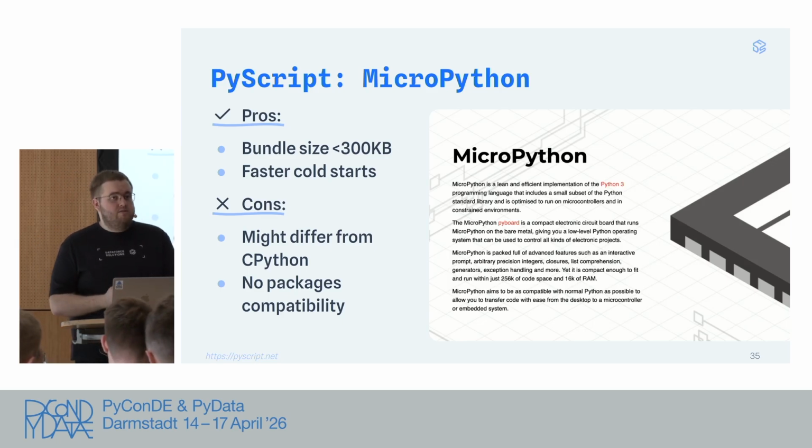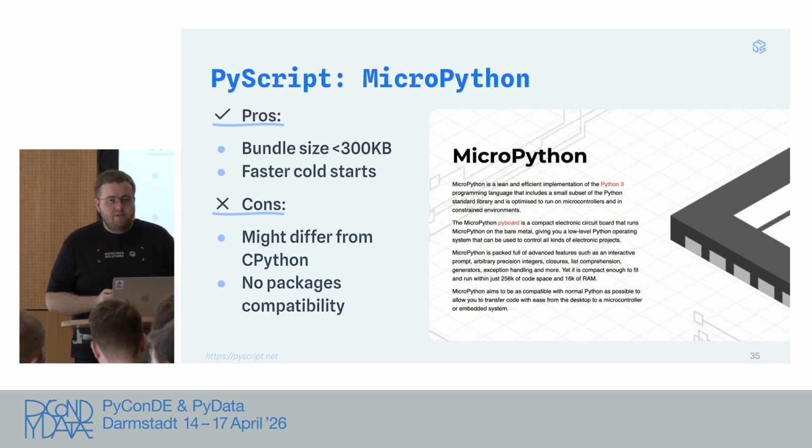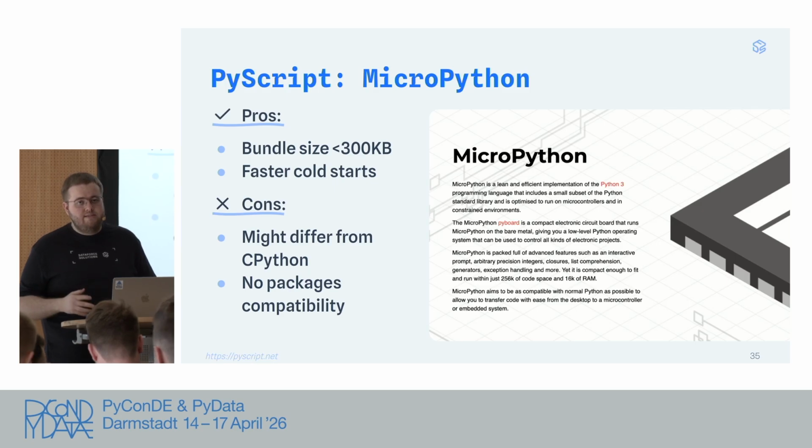The pros and cons of using MicroPython instead of Pyodide can be summarized in just a few sentences. First of all, MicroPython itself is less than 300 kilobytes, which means that your final bundle size is approximately 25 times smaller than when you're using Pyodide. And by extension, this usually results in much faster cold starts.